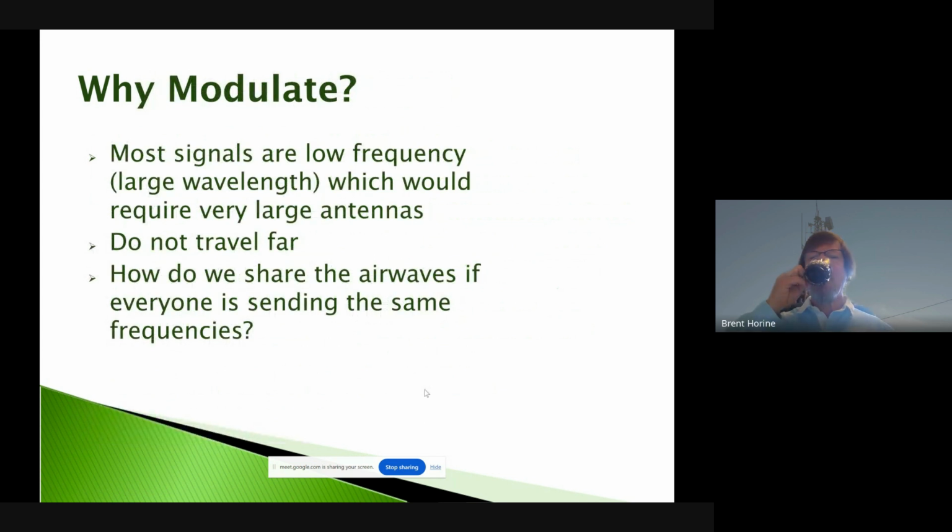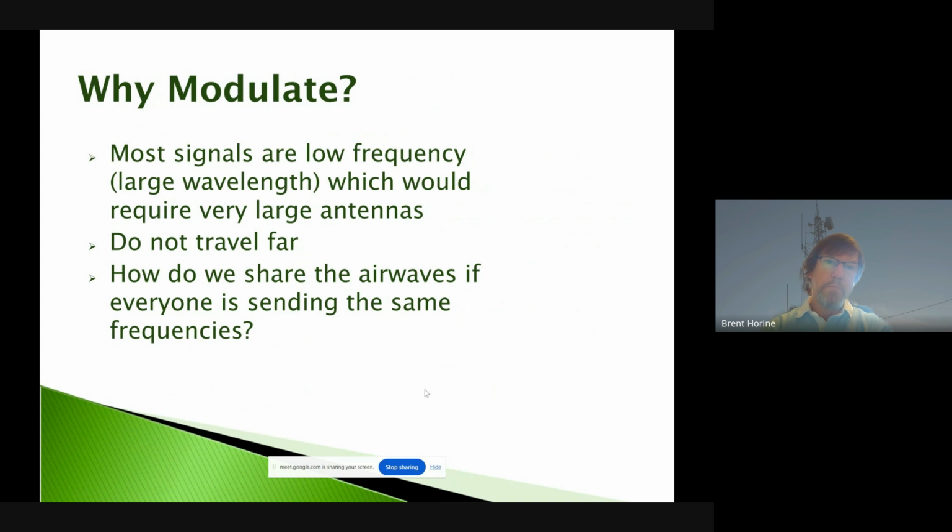And this carrier signal is going to carry the information to the receiver through the communication channel. So, why modulate? Well, most signals are low frequency. It's a relative statement, but low frequency means they have large wavelengths, which would require very large antennas, right? Our antenna size is related to the wavelength. Low frequency signals do not travel very far, but probably the big one is, how would we share the airwaves if everyone is sending everything all at somewhere between 0 and 10 megahertz, right?